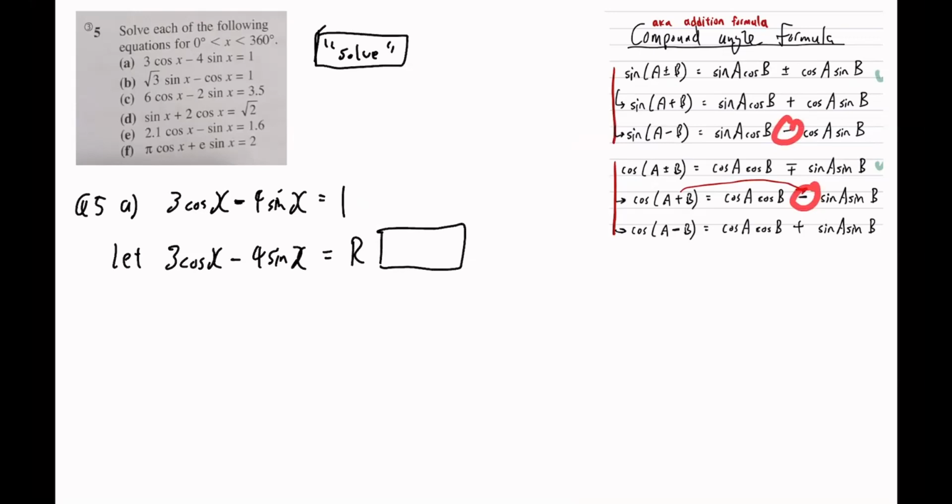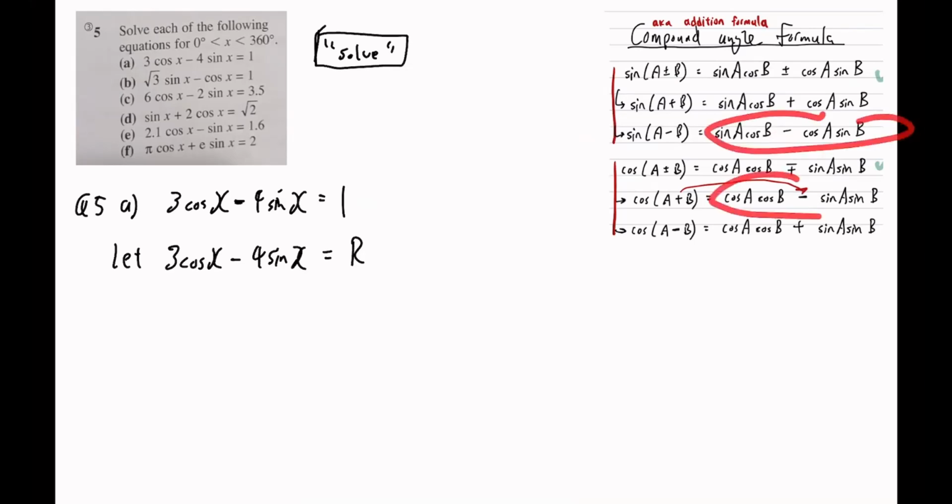Actually you can use the sine one. Yes, correct. But actually can you use both? You can use both. Which one you want? It doesn't matter. Okay, good. You get a point. Let's just say we use sine since you said that first.